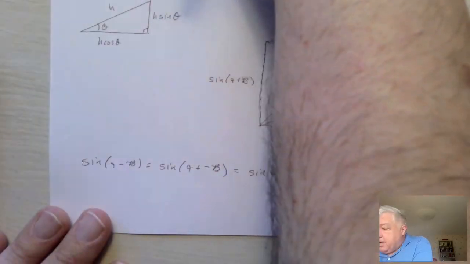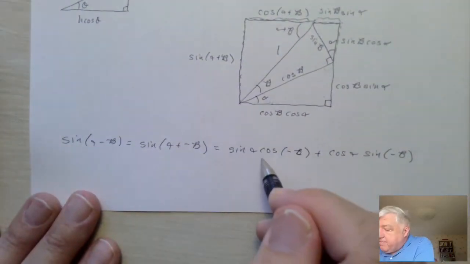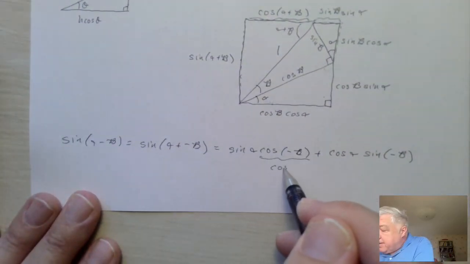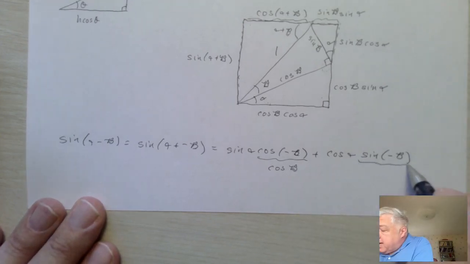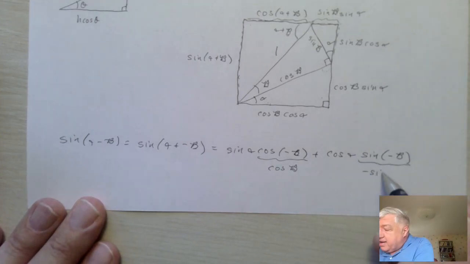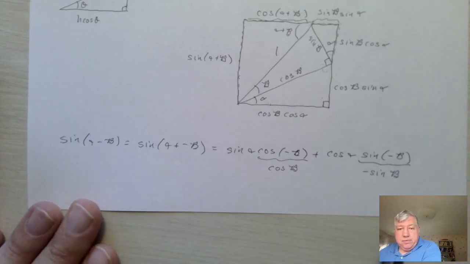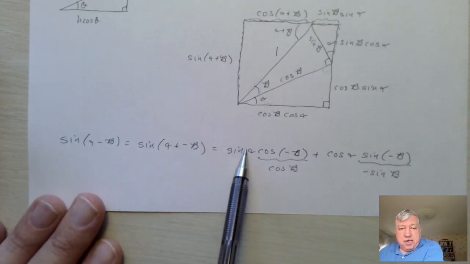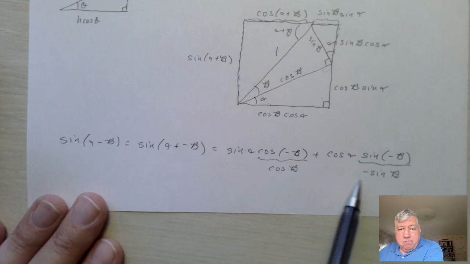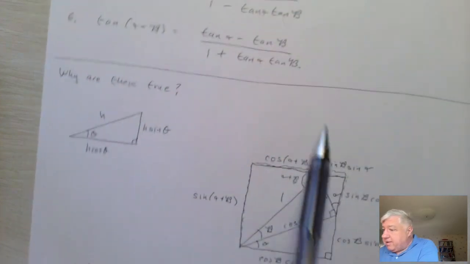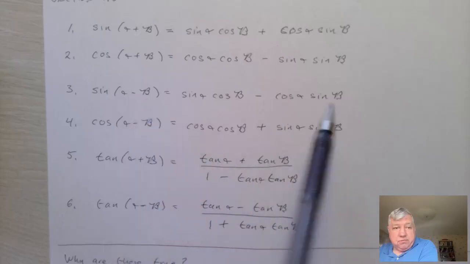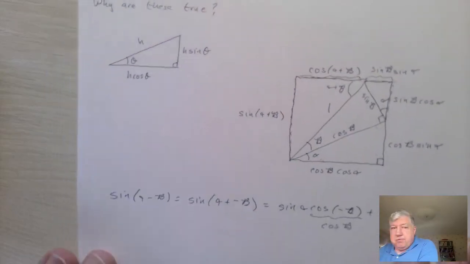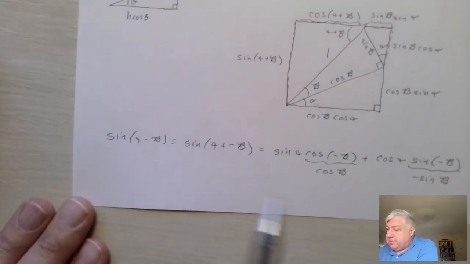And because the cosine is an even function, this is still cosine of beta. And because sine is an odd function, this is minus sine of beta. Okay, so sine alpha cosine beta minus cosine alpha sine beta, which is exactly what we have up here for number 3.